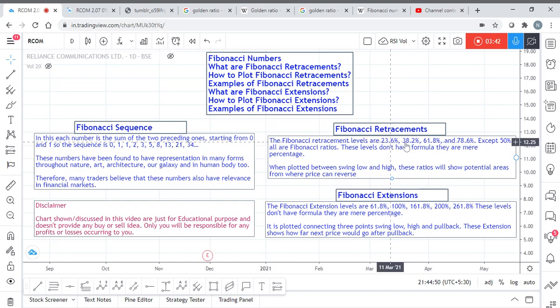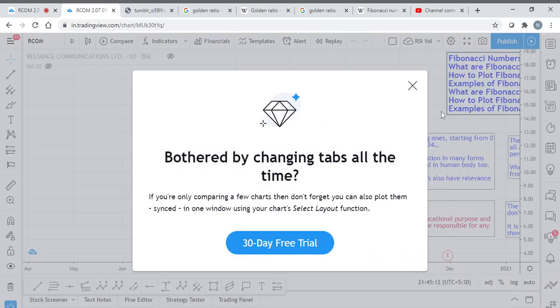You need to remember these numbers: 23.6, 38.2, 61.8, 78%. All these are Fibonacci numbers except 50%. It doesn't have a formula, but it is derived from Fibonacci. These are plotted on the charts based on swing high and swing low.